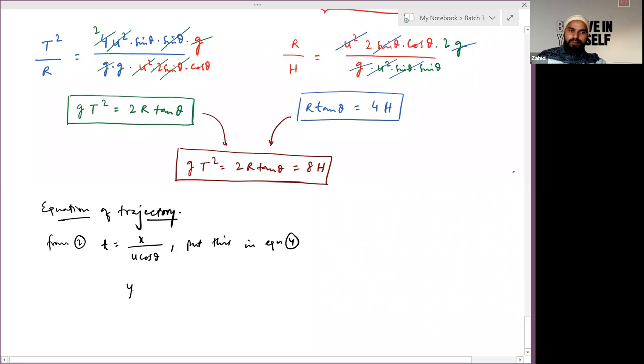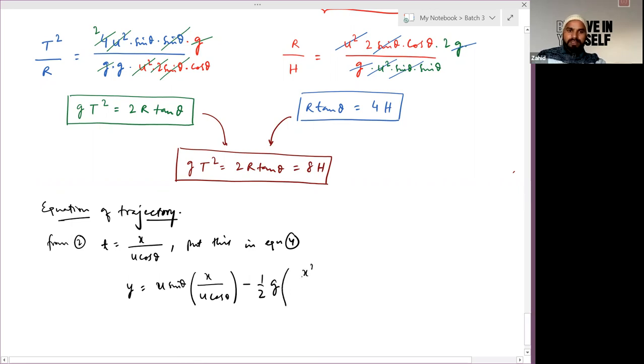You will get y is equal to u times sine theta into t, and t is x divided by u cos theta, minus half g t square.